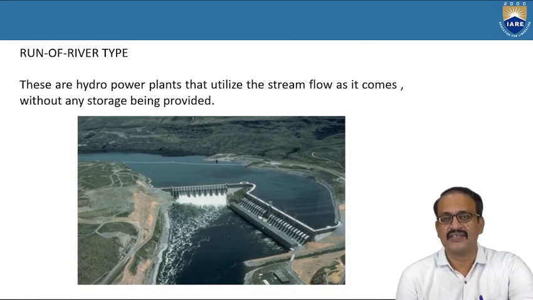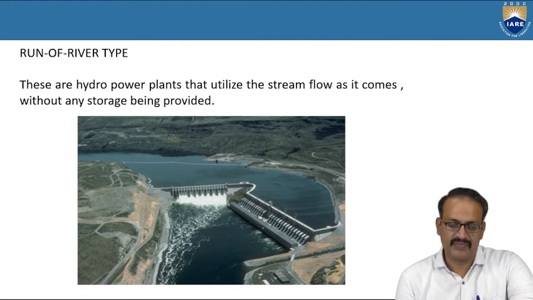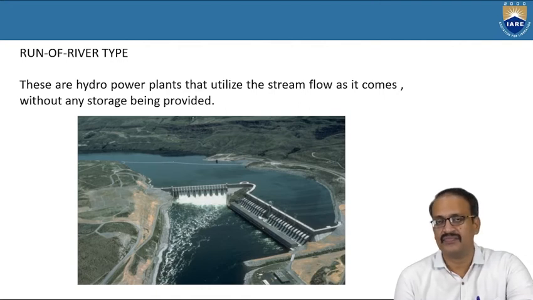And next thing is the runoff river. So you can observe, here we have not leveled up the water than its normal height.